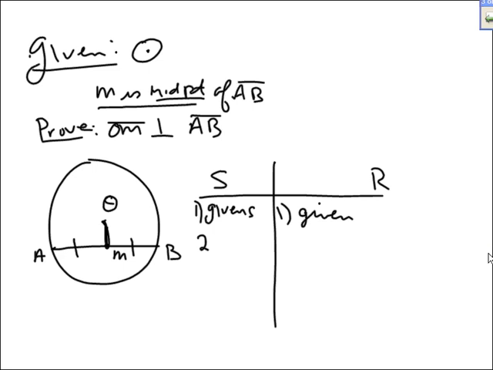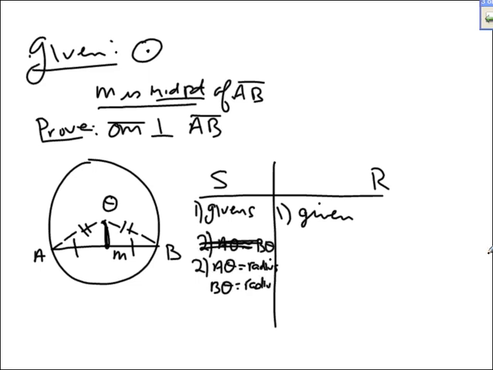Now, if we were to draw AO and BO, these are equal to one another. AO is congruent to BO. Well, let me not say that yet. AO is a radius for circle O, and BO is a radius.